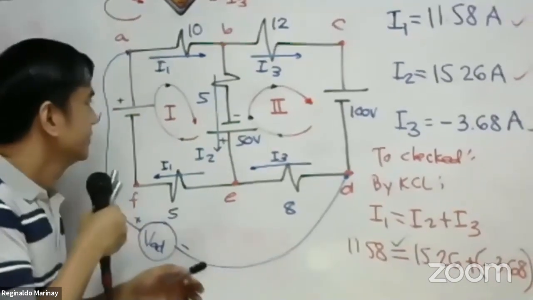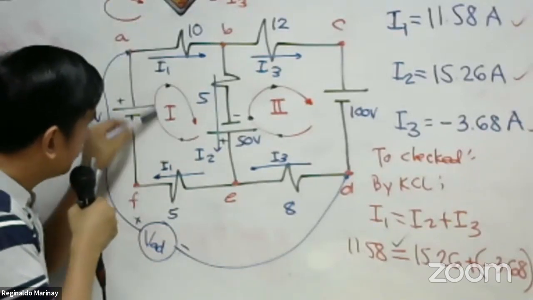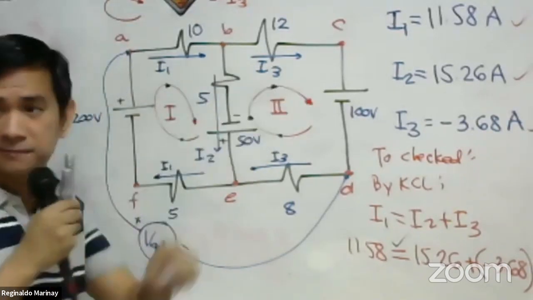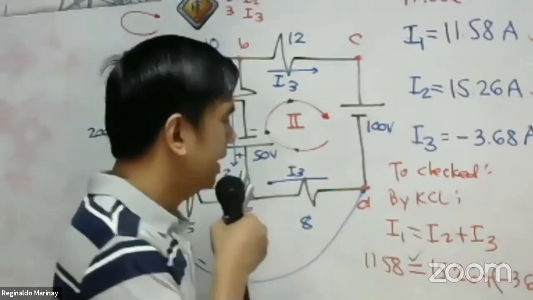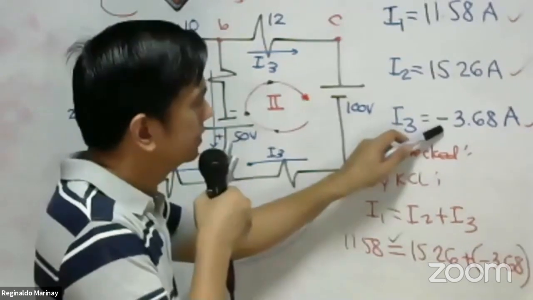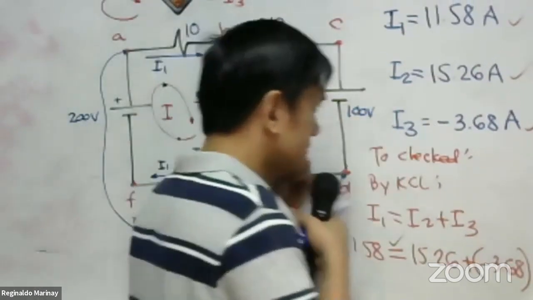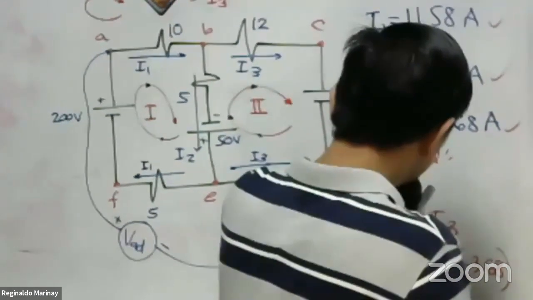Again, I always assume clockwise direction for the circuit tracing. Okay? What do you mean by negative direction? Negative direction means wrong assumption of the direction.